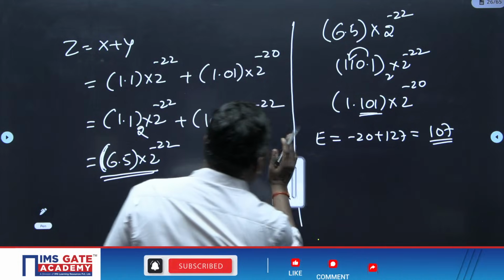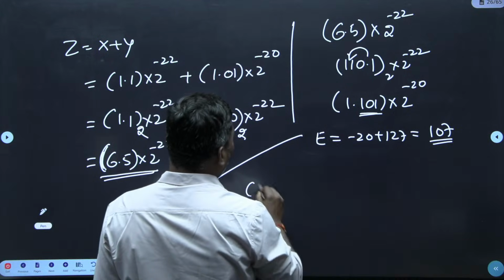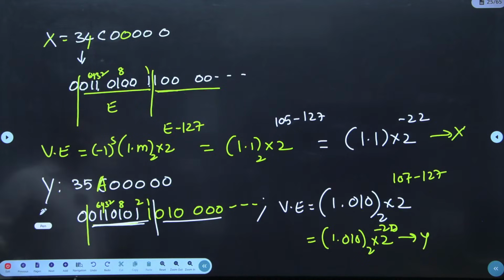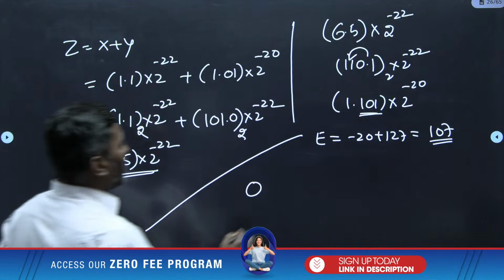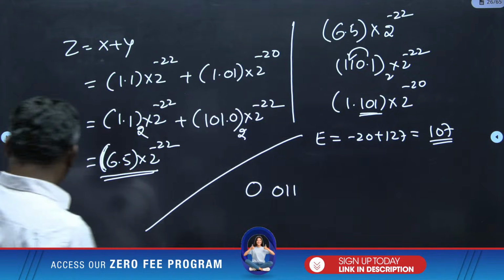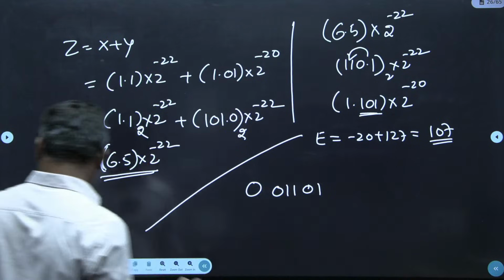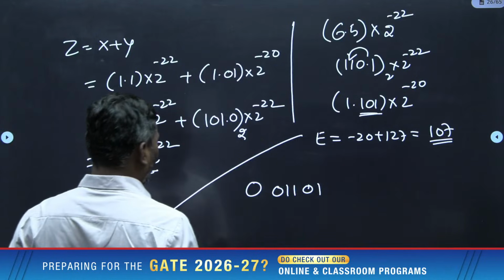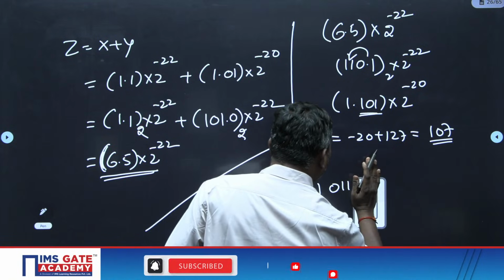The storage value in the register: the number is positive, so 0; the exponent is 107, which we got here. This is 0 1101011, so the exponent is 0110 1011.